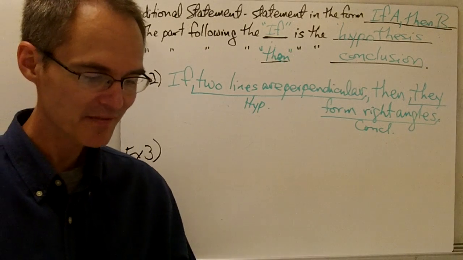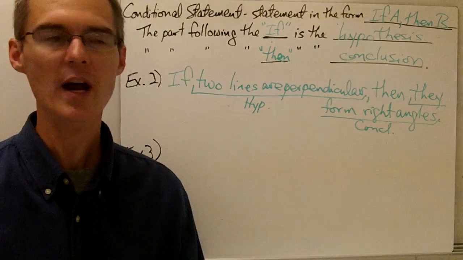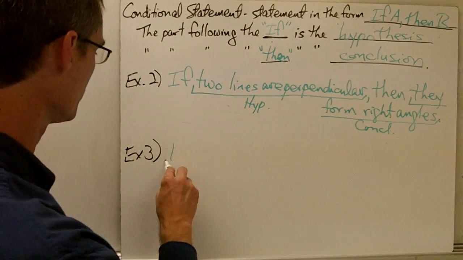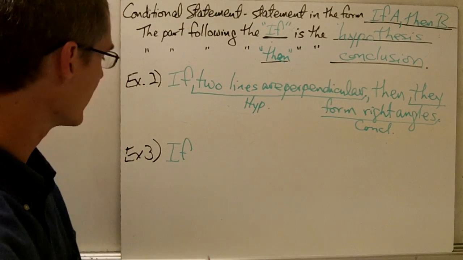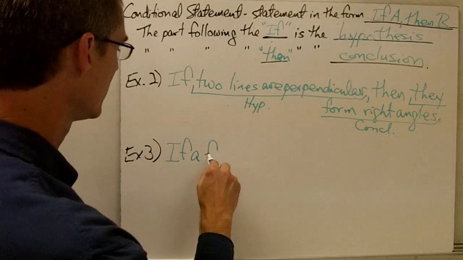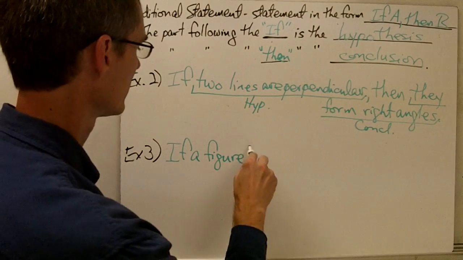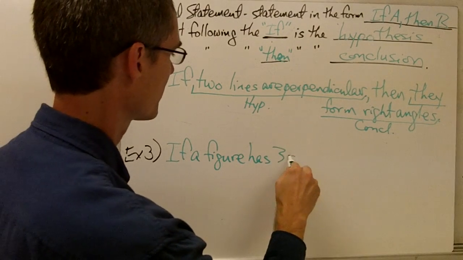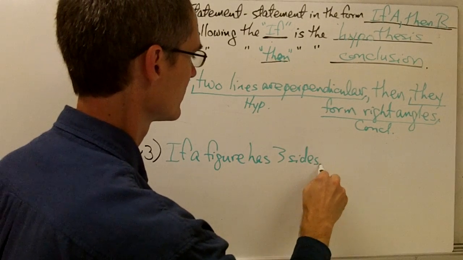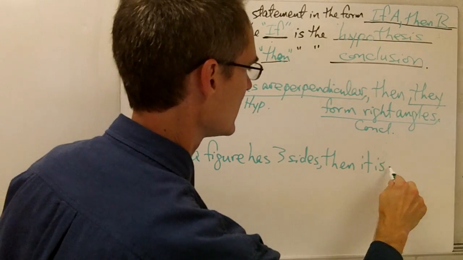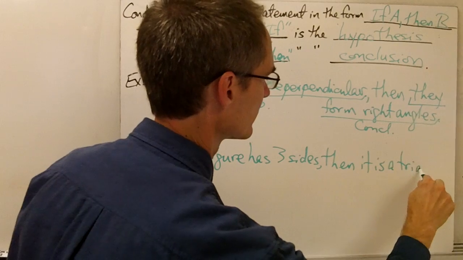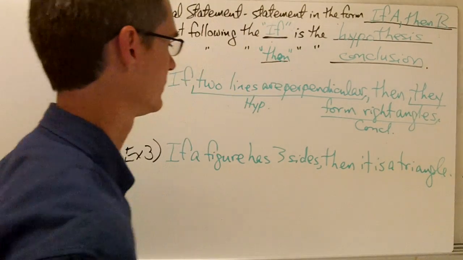All right, example number 3. The given statement is, a figure with 3 sides is a triangle. I want to write this in if-then form. So, if a figure has 3 sides, then it is a triangle.